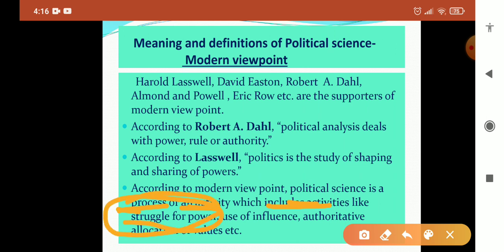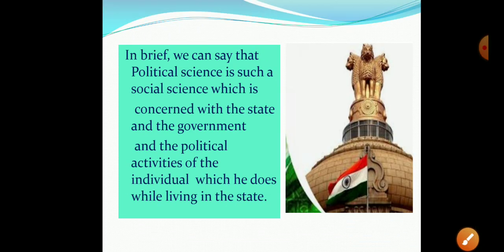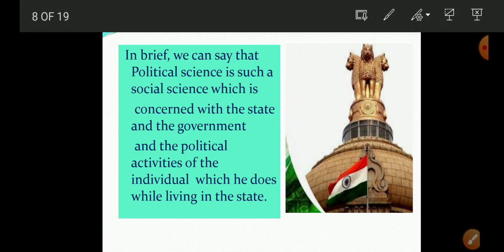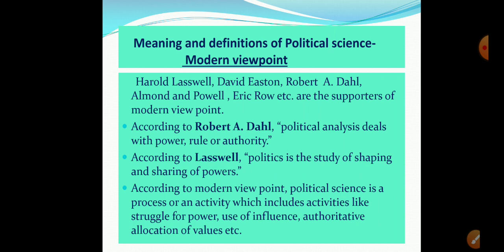People want to have power, so they struggle for it. Use of influence: they want to use their influence. It means behavioral aspects. Authoritative allocations of values means rules are framed and implemented. So all these come in this category.